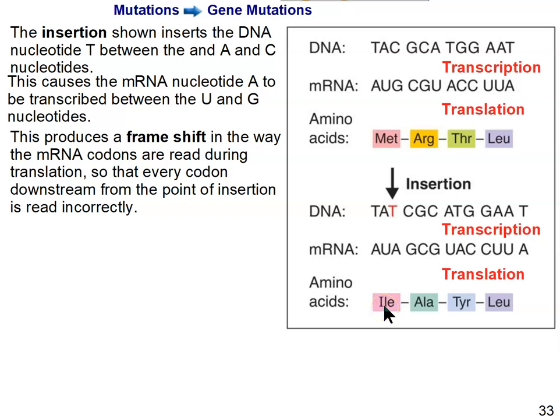And isoleucine is not the start amino acid. Therefore, this polypeptide chain would never even be made. So it's catastrophic. This insertion mutation is catastrophic to whatever this protein is, because there is no start codon now, so initiation of protein synthesis, or translation, wouldn't even happen.